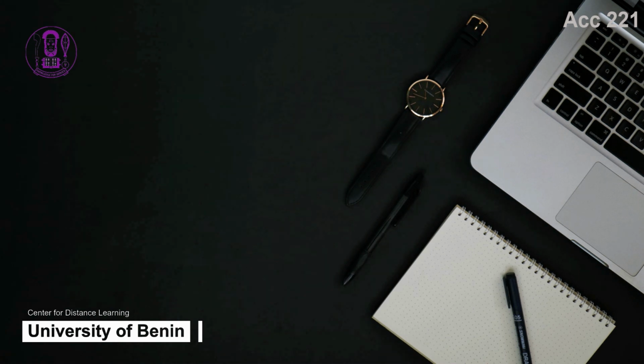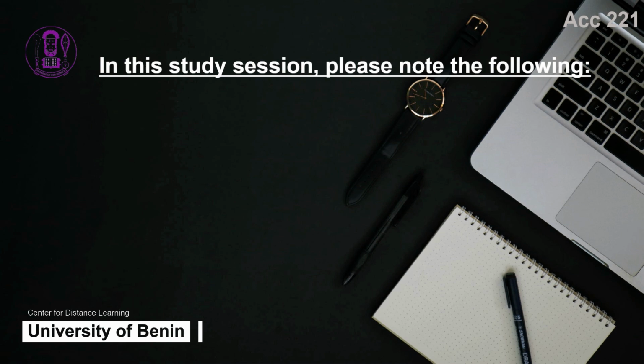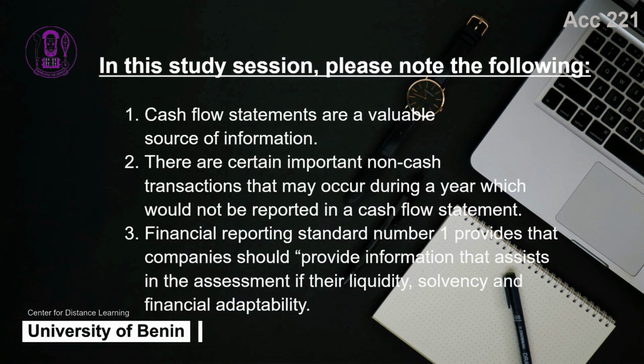In this study session, please note the following. 1. Cash flow statements are a valuable source of information. 2. There are certain important non-cash transactions that may occur during a year that would not be reported in a cash flow statement. 3. Financial Reporting Standard No. 1 provides that companies should provide information that assists in the assessment of their liquidity, solvency and financial adaptability. 4.